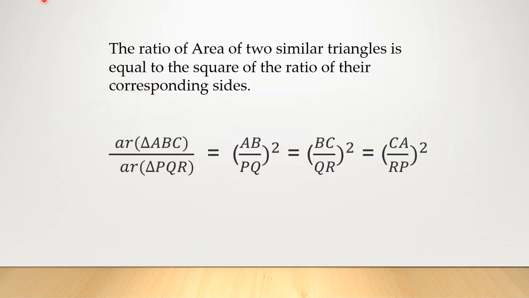So we can remember the statement very easily: the ratio of area of two similar triangles is equal to the square of the ratio of their corresponding sides, that is area of triangle ABC upon area of triangle PQR is equal to AB upon PQ whole square is equal to BC upon QR whole square is equal to CA upon RP whole square. Now let's apply this concept for finding the area or side of the triangles.